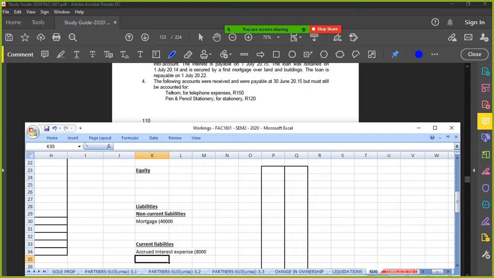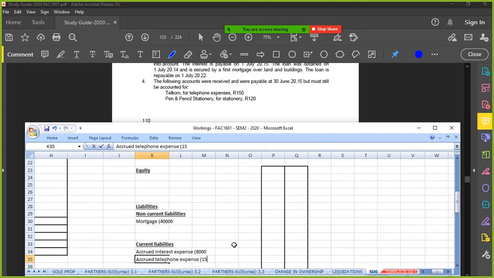Okay, so they still need to be accounted for. So for Telkom, the first one, I debited telephone and credited accrued expense. Here they said must still be accounted for. Good. So we can write down accrued expense here, or accrued telephone expense. Yes.